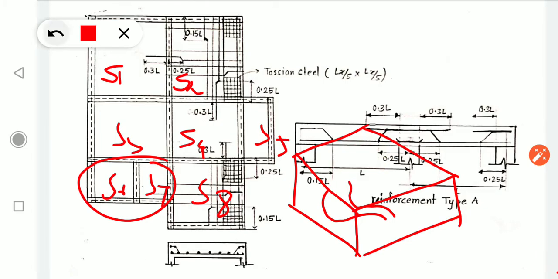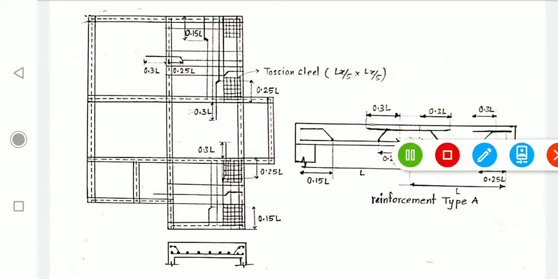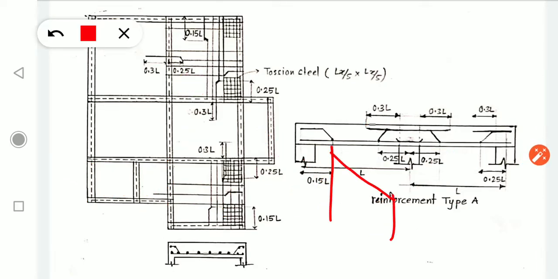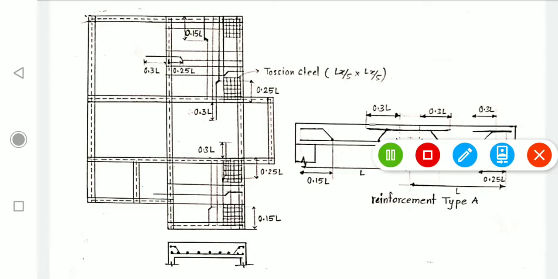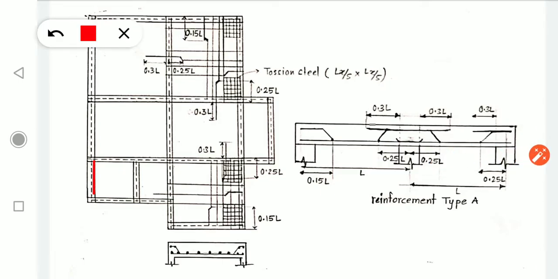So for that you require some depth to the slab, and therefore we provide a sunken slab for WC. Bath we don't require, but for WC we require a sunken slab. You must remember WC and bath are sunken slabs, specifically in an RCC frame structure.